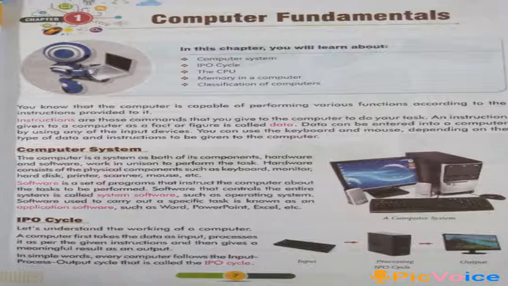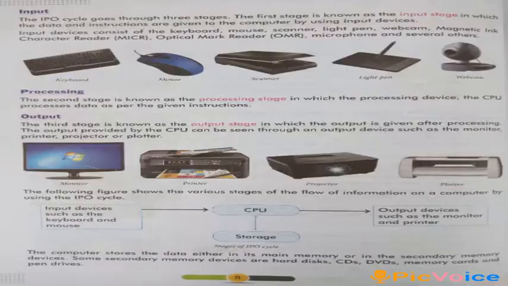In simple words, every computer follows the input, process, output cycle that is called the IPO cycle. Open page number 8. Input. The IPO cycle goes through 3 stages.